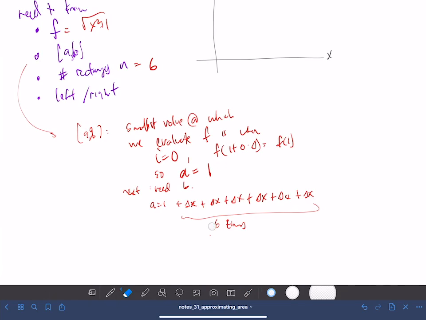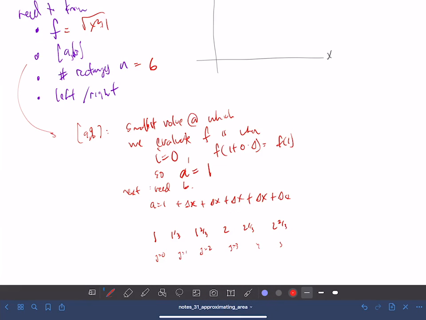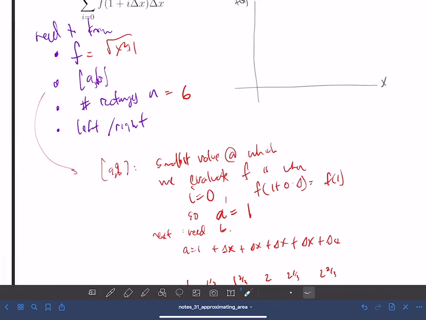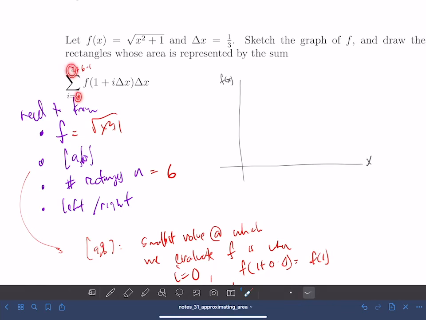I'm evaluating my function 6 times, but adding delta x 5 times, sorry. So my x values are going to be 1, 1 and a third, 1 and 2/3, 2, 2 and a third, 2 and 2/3. That's where j equals 0, 1, 2, 3, 4, and 5.